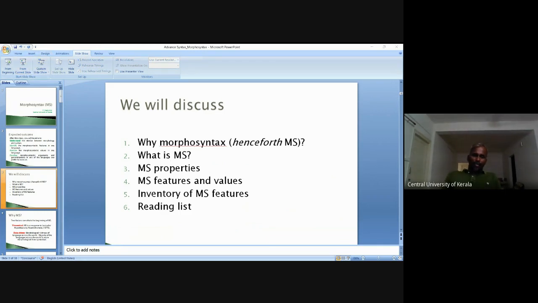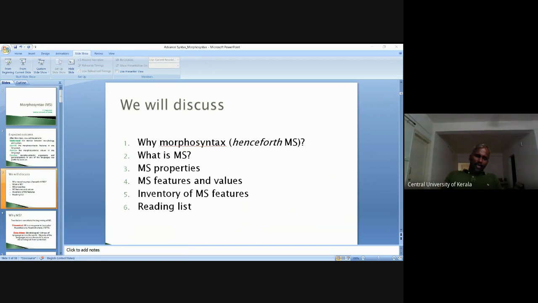So why morphosyntax? Why has morphosyntax emerged as a sub-branch in linguistics? Then we'll define what morphosyntax is. Then we'll come to specific points like morphosyntactic properties, then morphosyntactic features and values.